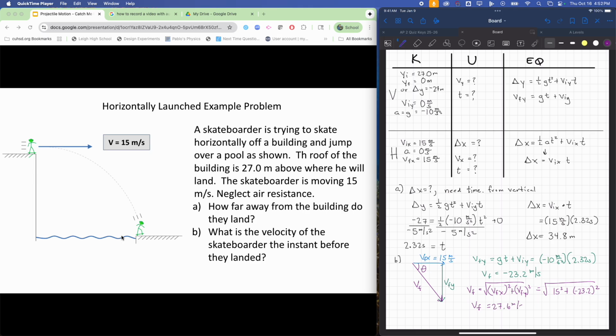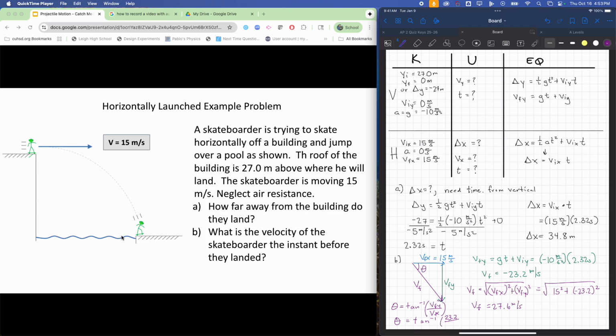27.6 meters per second. But wait, there's more. I'm not done. I have to give an angle. So I'm going to squeeze my angle over here. So remember, my favorite trig function is tangent. So theta is equal to the inverse tangent of VFY over VFX. So theta is equal to the tangent inverse of 23.2 divided by, in the x it's the same, right?